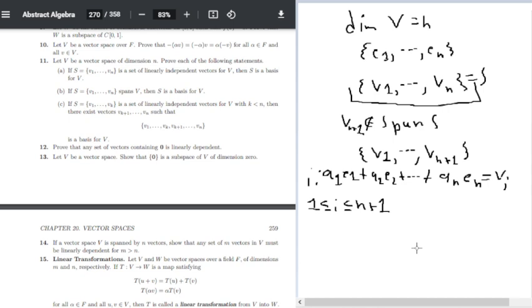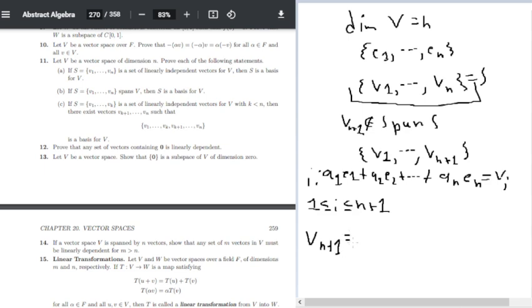And since we have greater equations than unknowns, alright, I think what it's supposed to be, now that we have this, what we do is we can write, because of this, vn plus 1.